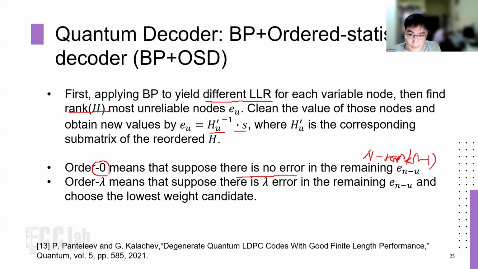And if lambda is larger than 0, the decoder will test a number of lambda combinations from these remaining nodes and compare them to order 0 to find the lowest weight candidate.